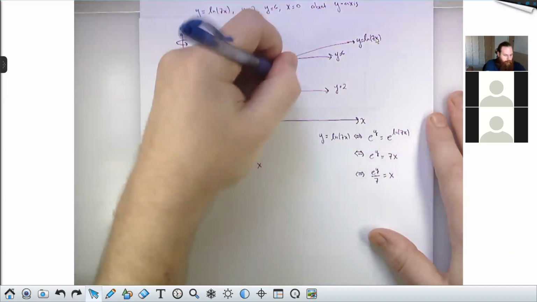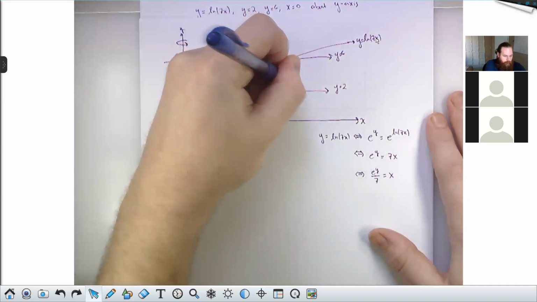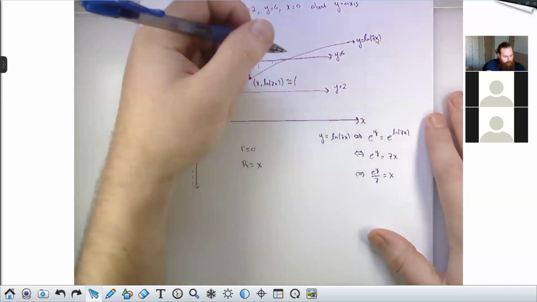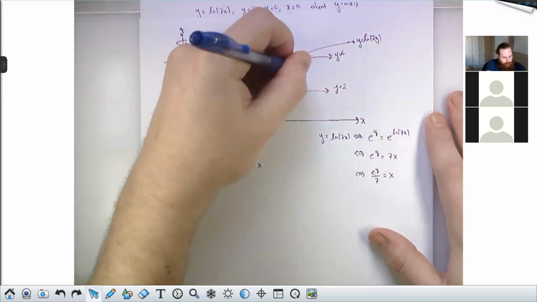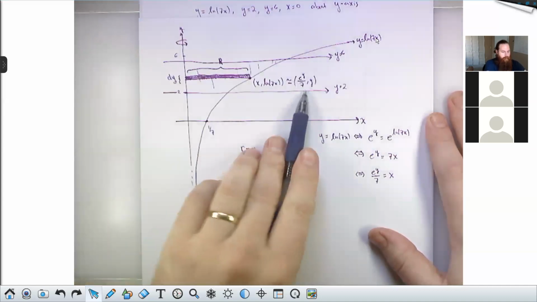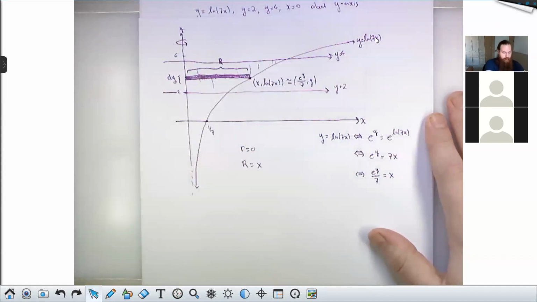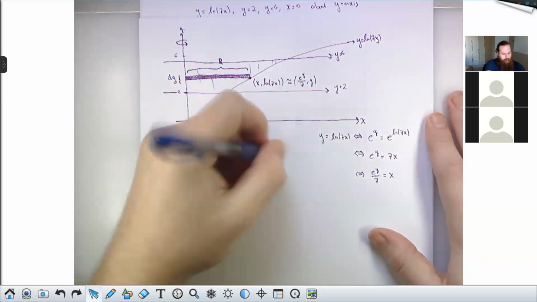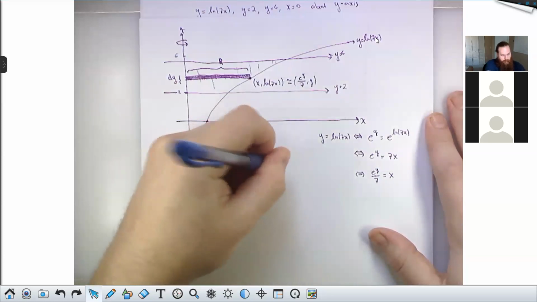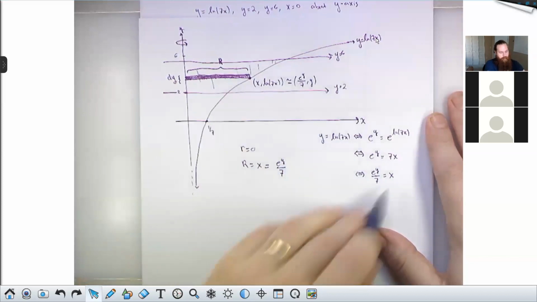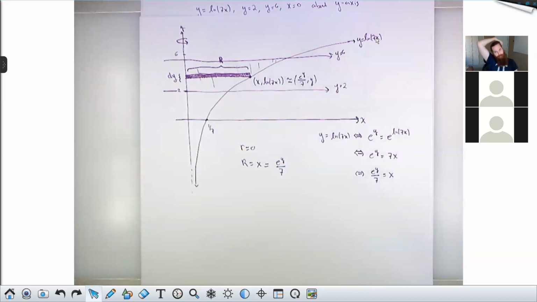In other words, this point right here, I could recharacterize as e to the y over 7 comma y. So this x coordinate is e to the y over 7. So capital R is e to the y over 7, because that's what x is along that curve.